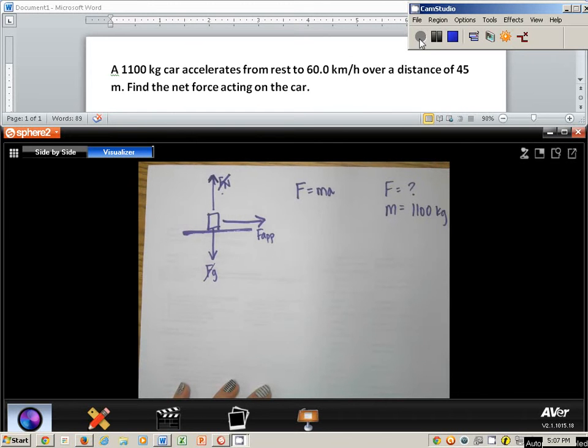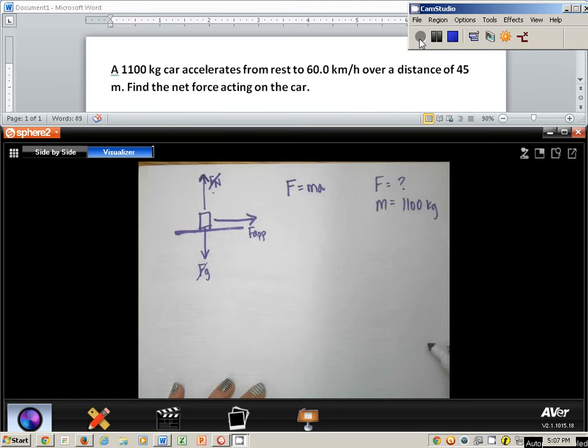And then I need A in order to put it in here, but I don't have A. What I do happen to have is that it says it goes from rest to 60 kilometers per hour. So that is a VI and a VF. From rest would be a VI of 0, and 60 kilometers per hour would be a final velocity.